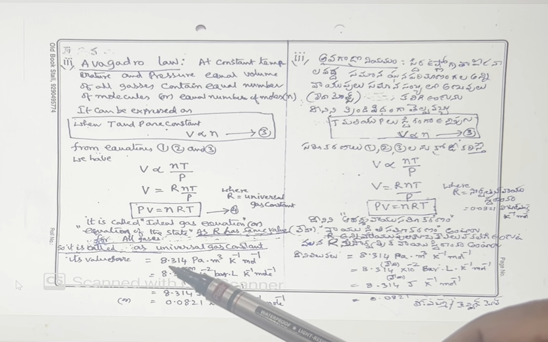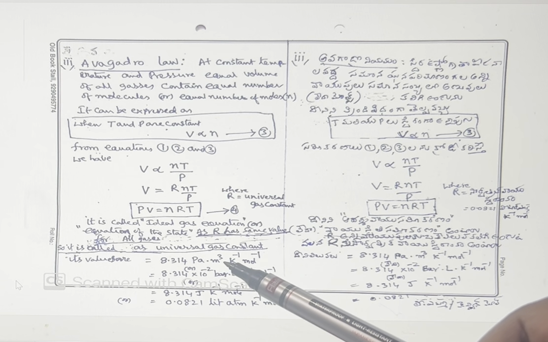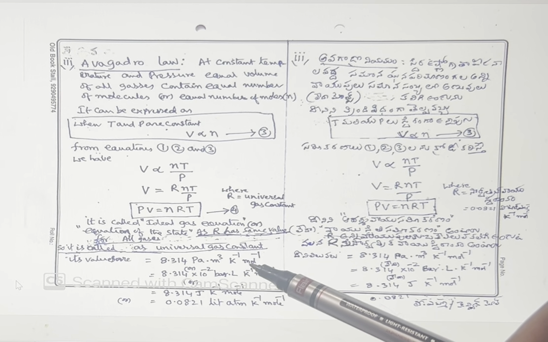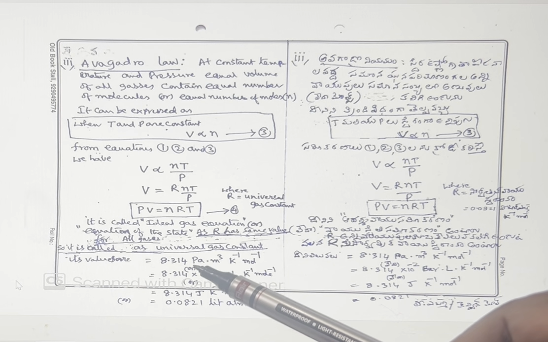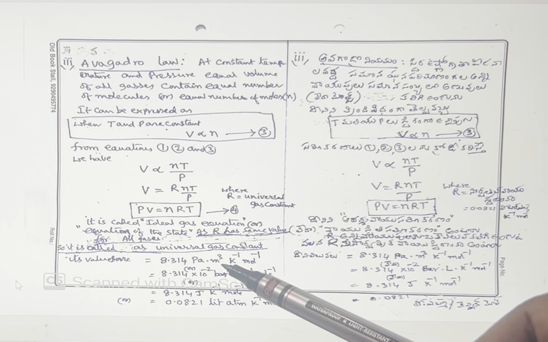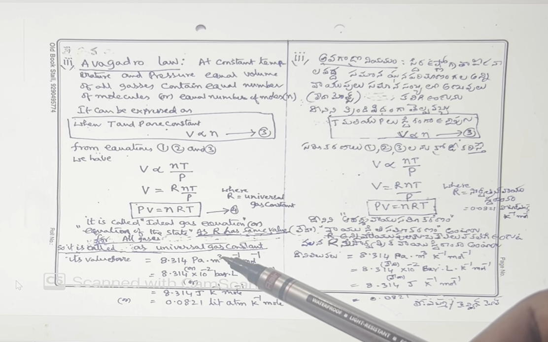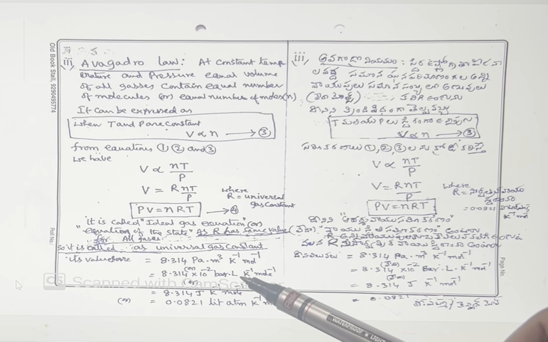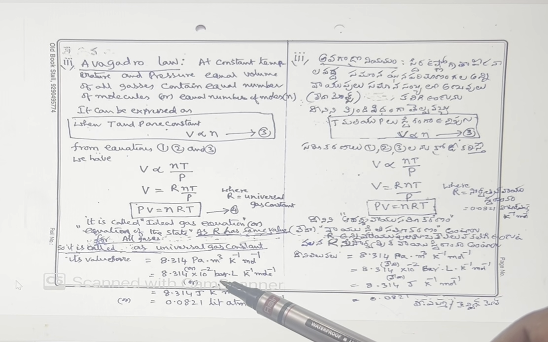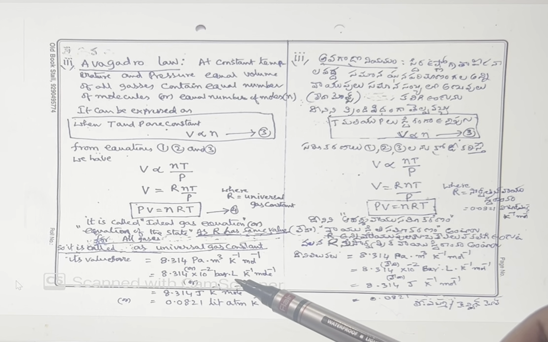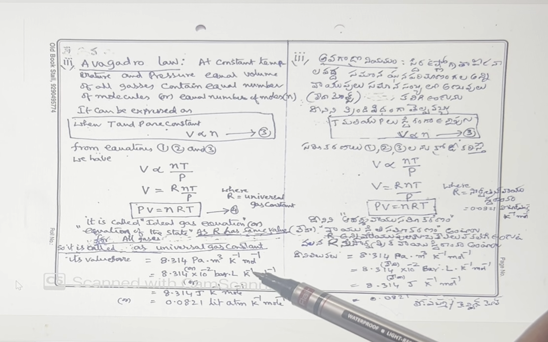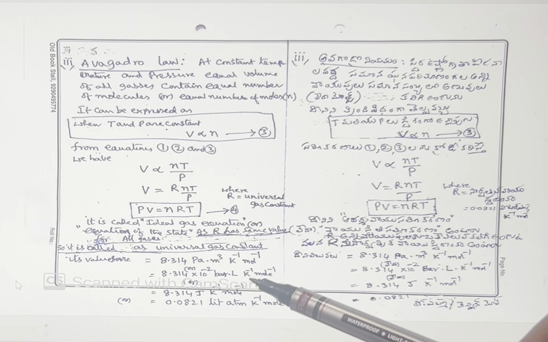So here there are several values. R is 8.314 pascal meter cube per Kelvin mole. Pascal is a pressure unit and meter cube is a volume unit. R is also 8.314 into 10 to the power minus 2 bar liter per Kelvin mole. Bar is also a pressure unit, liter is a volume unit.